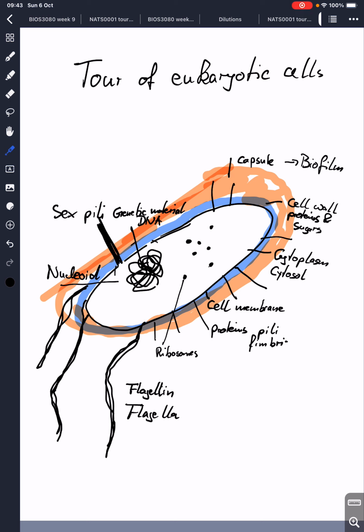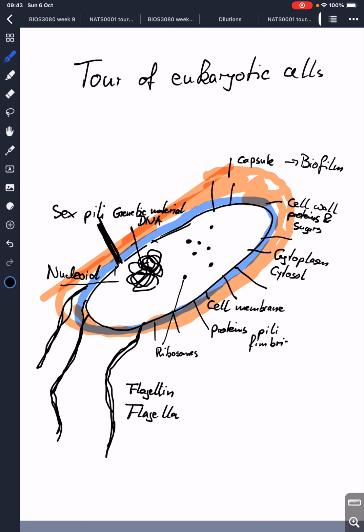Okay, so what else do we have? Most prokaryotic cells also have a cell wall. That's this blue one here. And this cell wall is made up of proteins and sugars.